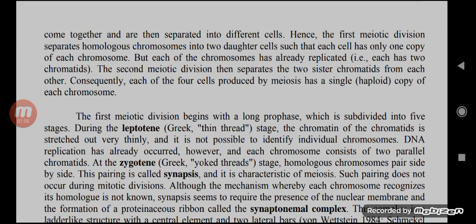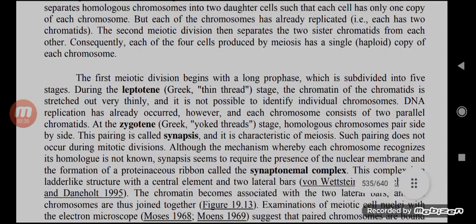Hence, the first meiotic division separates homologous chromosomes into two daughter cells such that each cell has only one copy of each chromosome, but each of the chromosomes has already replicated. Each has two chromatids. The second meiotic division then separates the two sister chromatids from each other. Consequently, each of the four cells produced by meiosis has a single haploid copy of each chromosome.